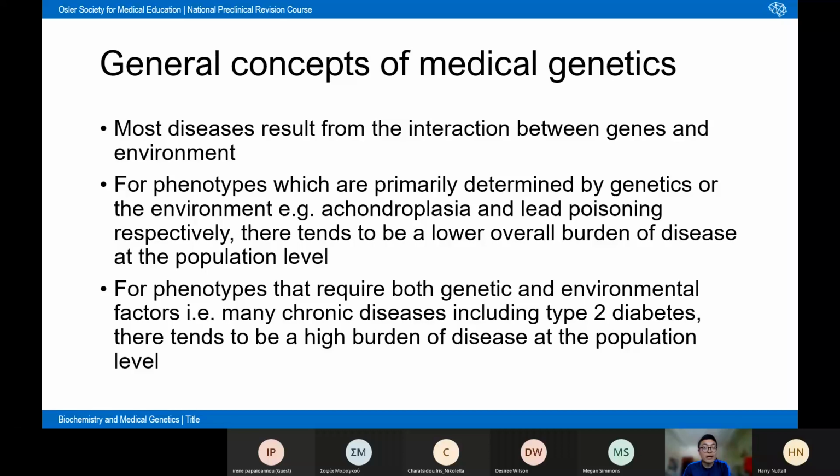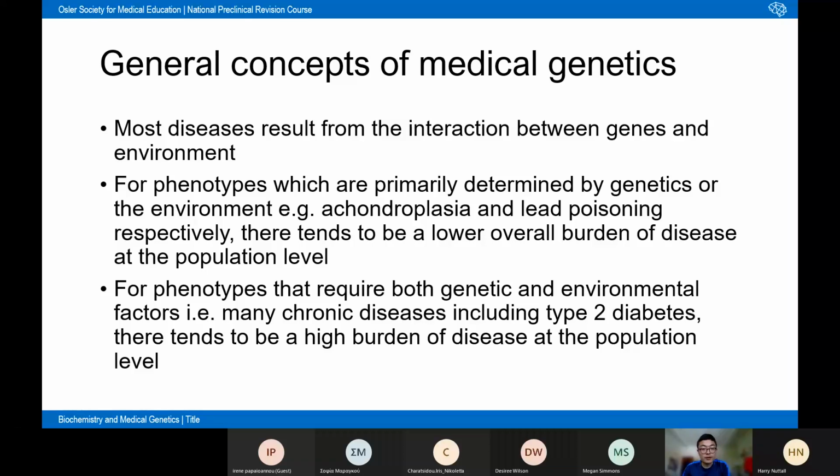These tend to have a lower overall burden of disease at the population level compared to phenotypes associated with both genetic and environmental elements. The classic example is many chronic diseases, such as type 2 diabetes, and conditions which factor in both of these aspects tend to have a higher burden of disease at the population level.